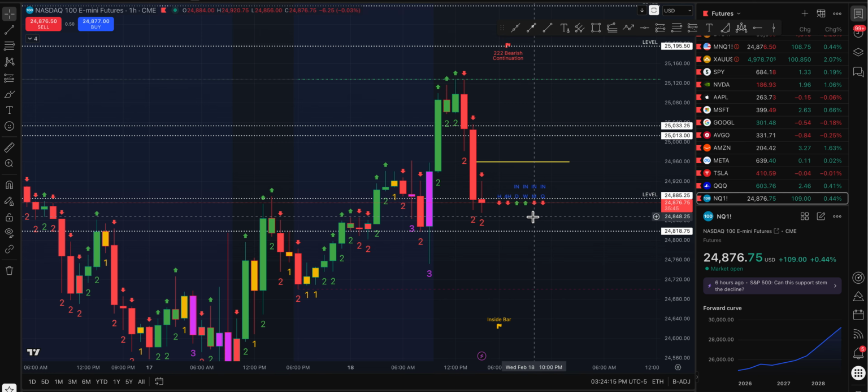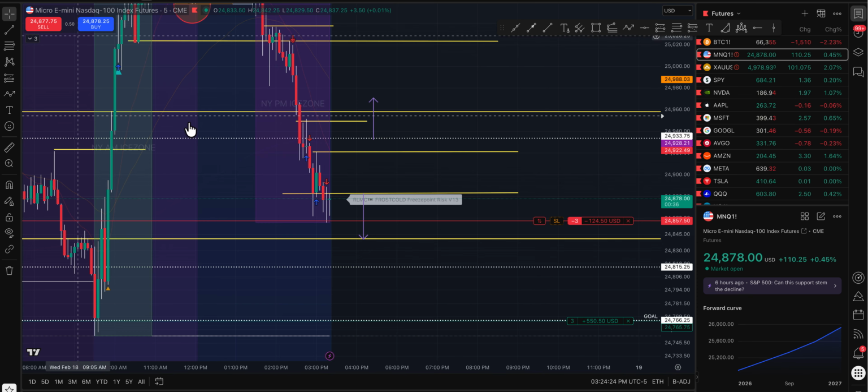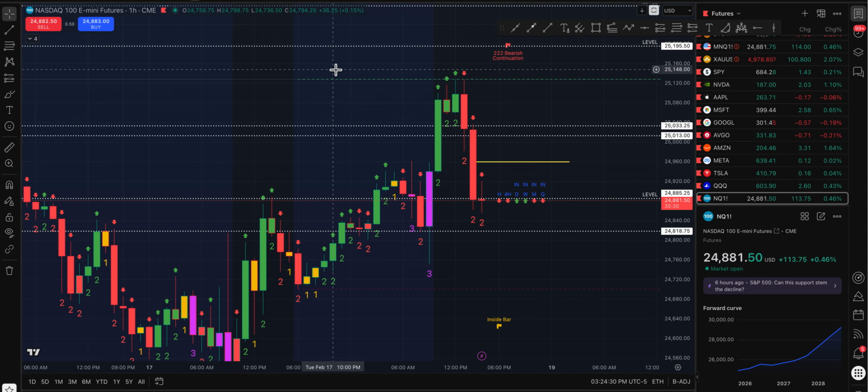But I like that the confluence is here for me. But we all know that the market is gonna market. Okay, I'm negative 141. So let's see if it's trying to break above here.